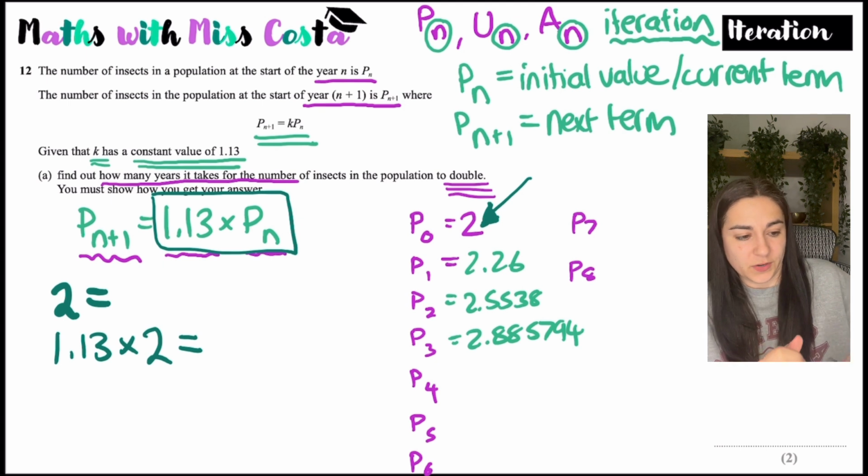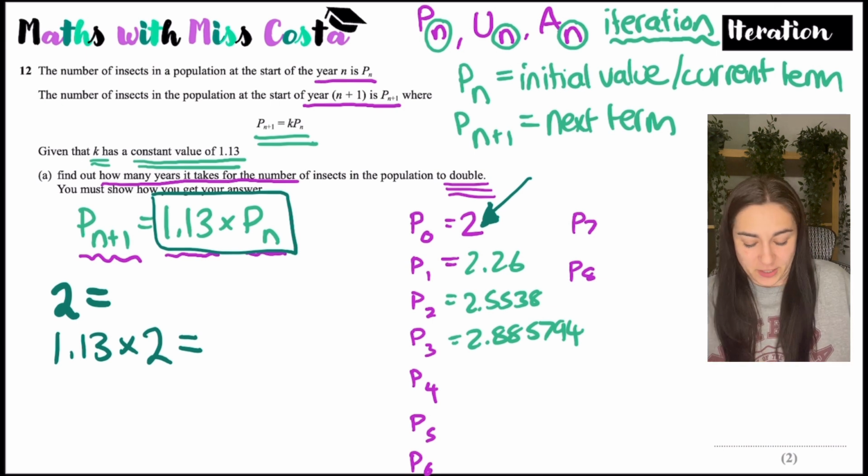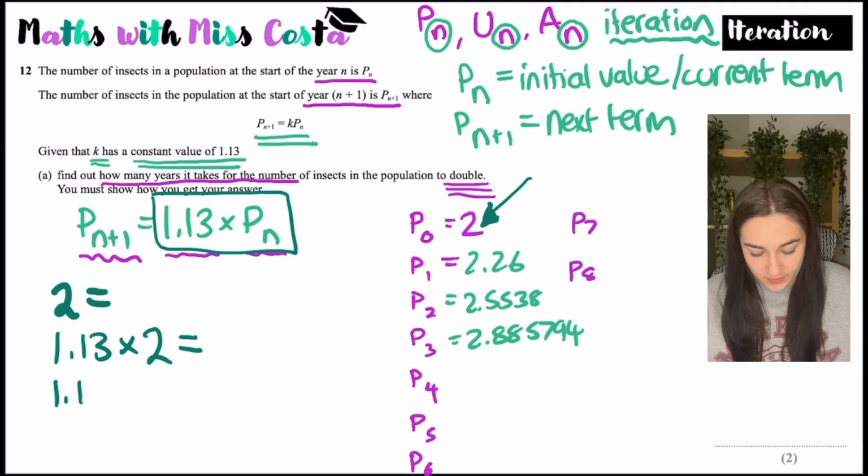And then with the arrows, you go back, you delete the 2, and you just press answer. And then you press equals. So you delete the 2, you replace it with answer because it's saved your previous answer. And that gives you the next term, 2.5538.